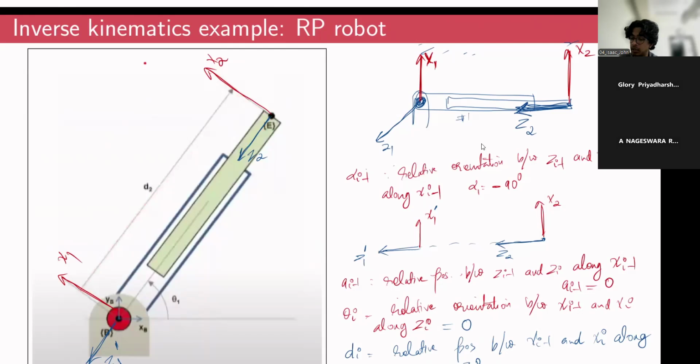This is a variable, because it's a prismatic joint. It varies with time and configuration. So the final transformation d i, or d2, which accounts for the perpendicular distance between x1 and x2 along z2, is the final DH parameter, that is d2.